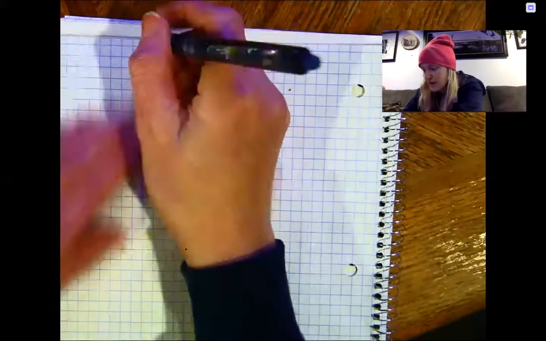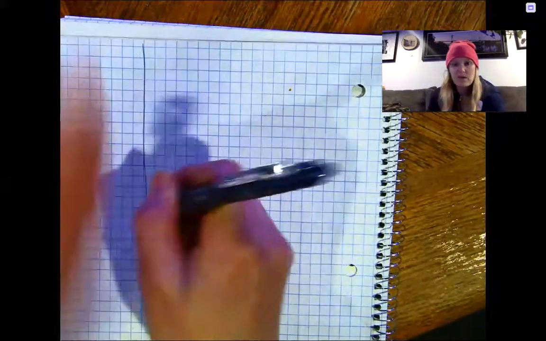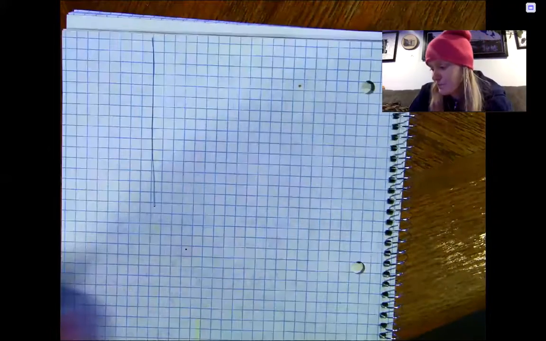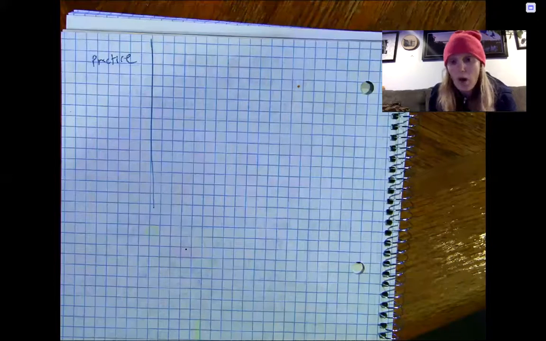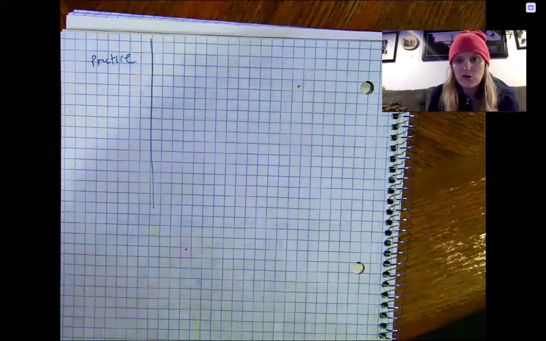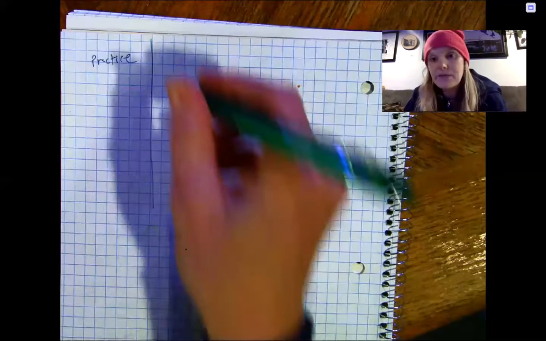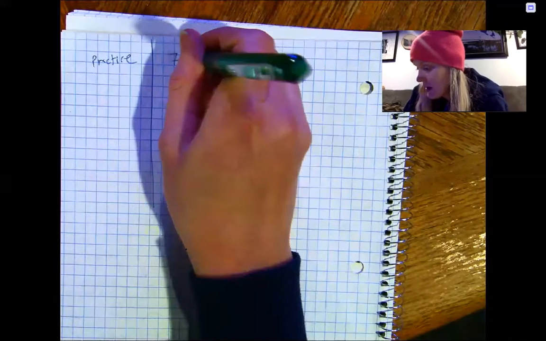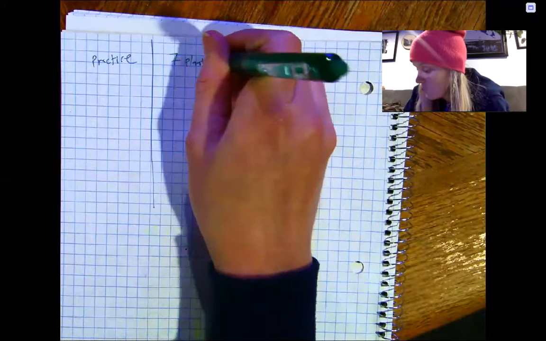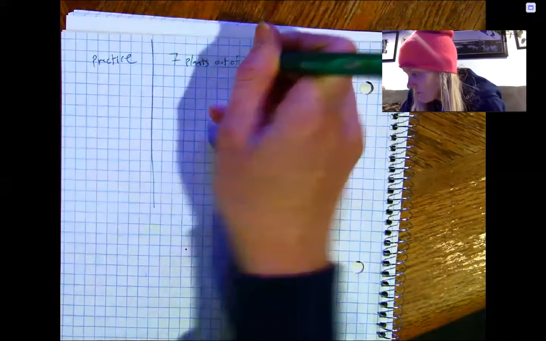Okay. Let's pretend someone has a garden. One year, out of their 12 plants, only 7 survived. So 7 plants out of 12 seeds survived.